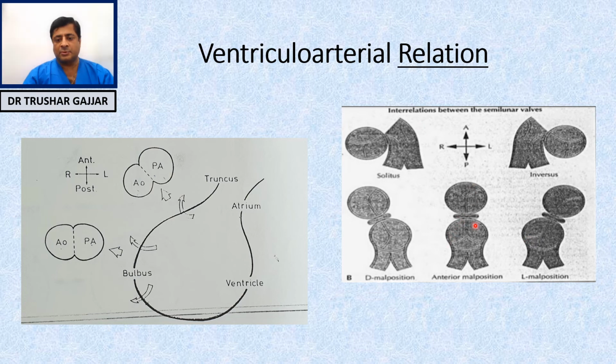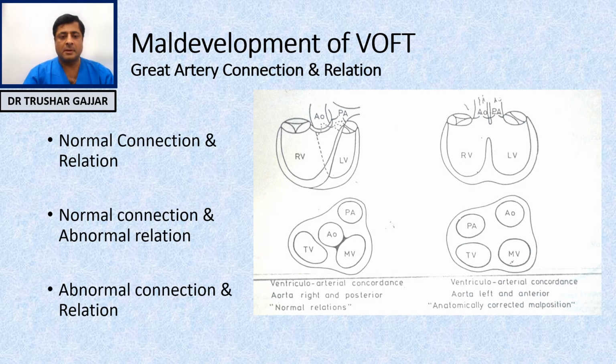In anterior malposition, both are anteroposterior. So in maldevelopment of the ventricular outflow tract, either there is a normal connection and normal relation, normal connection and abnormal relation, or abnormal connection and abnormal relation.